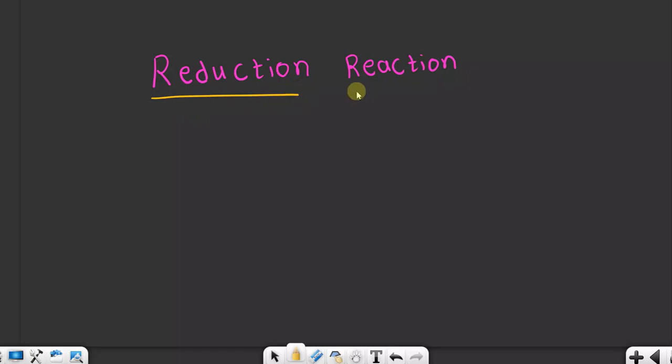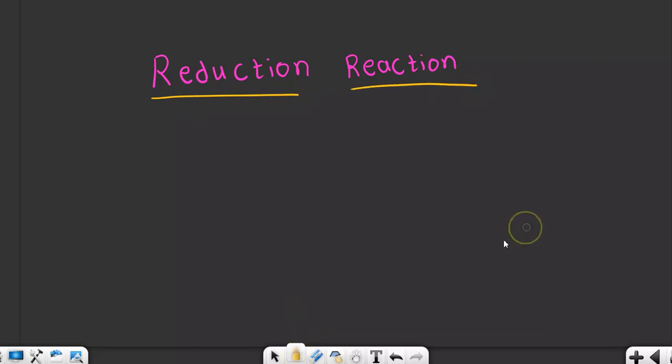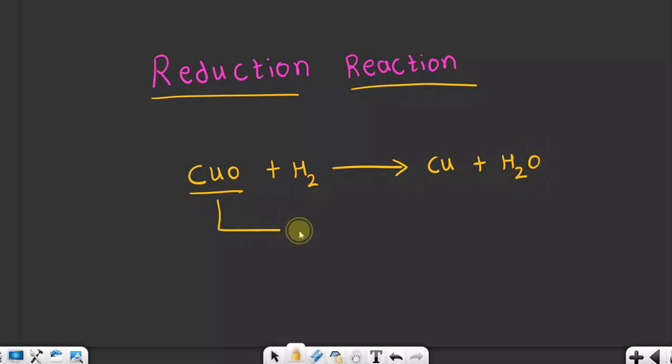In case of reduction reaction, there will be removal of oxygen. We were discussing copper oxide in the previous example. When hydrogen gas is passed over this copper oxide, the products are copper and water. From copper oxide, oxygen is removed, so here removal of oxygen takes place.